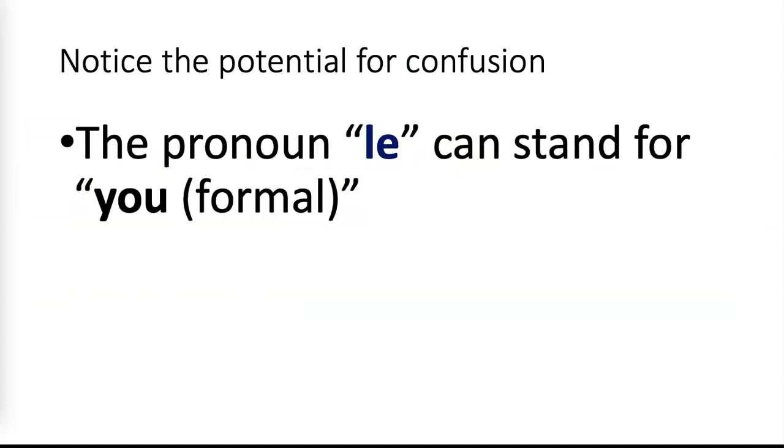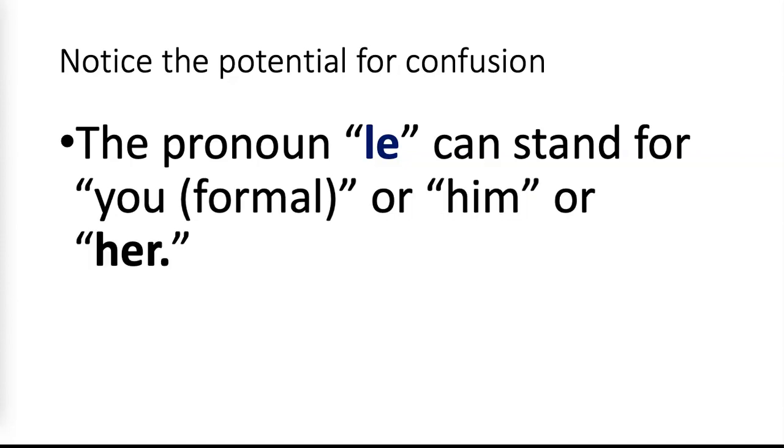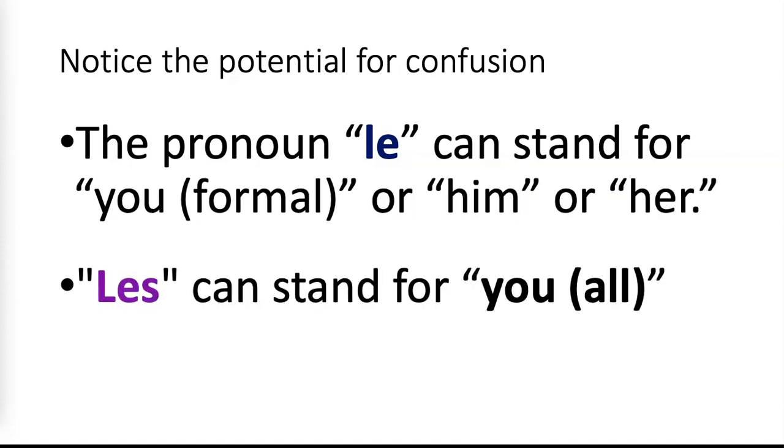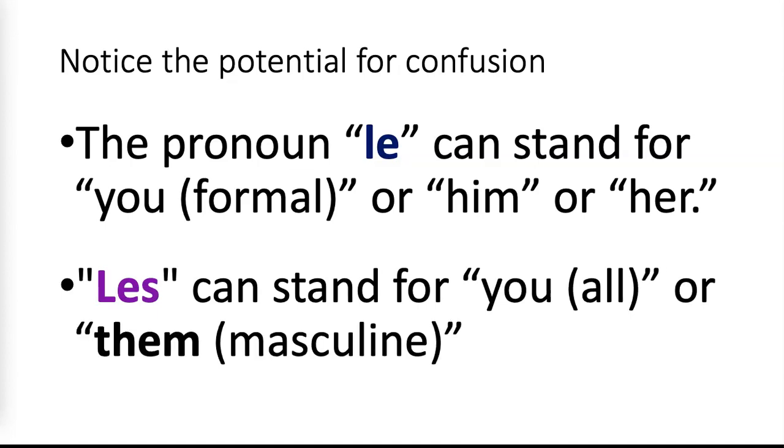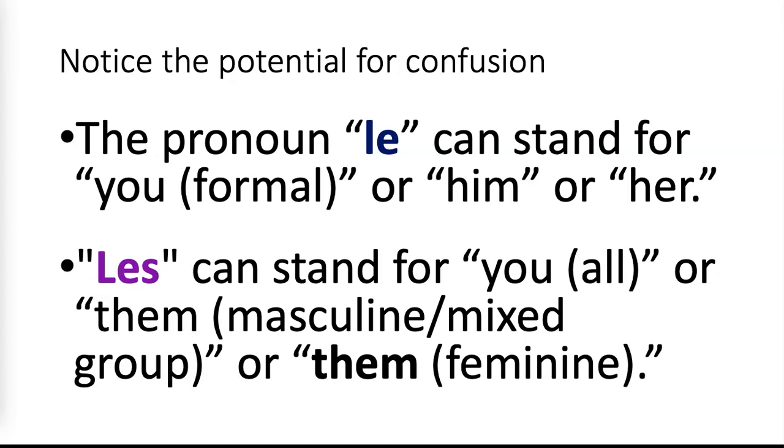Now, we talked about the potential for confusion because the pronoun le can stand for you formal, or him, or her. Les can stand for you all, or them, or they, or them feminine.